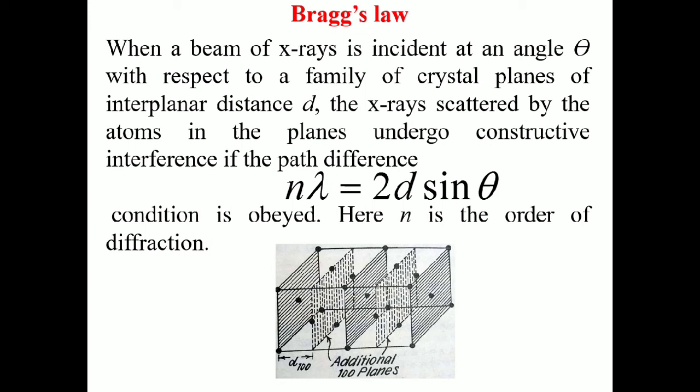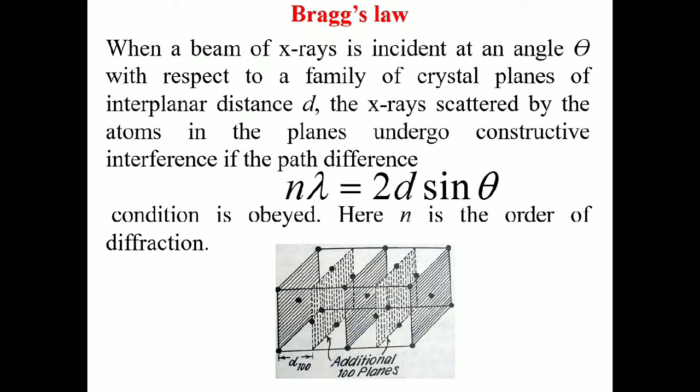The purpose of taking X-rays is that the crystals can effectively diffract the X-rays. You have learned from physical optics that diffraction is a phenomenon of bending of a beam of light towards the geometrical shadow.